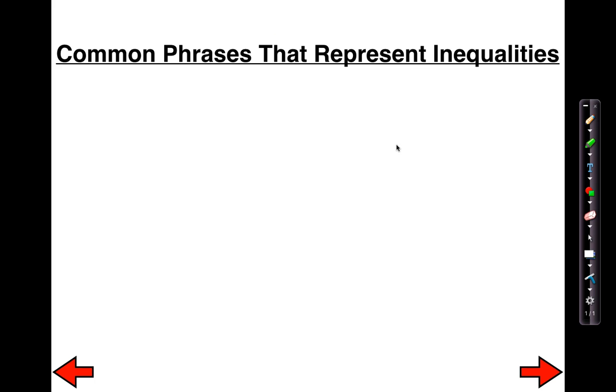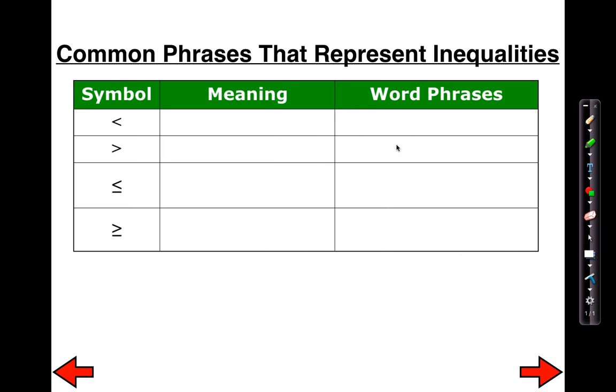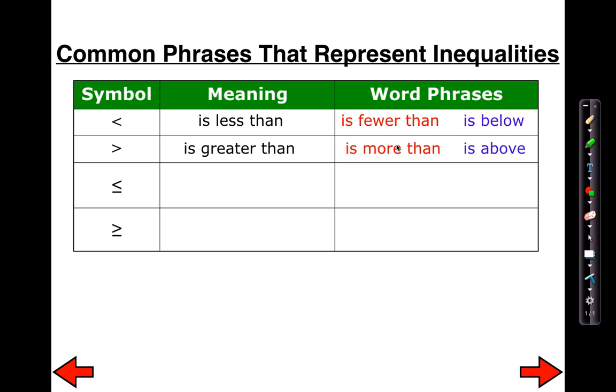So common phrases that represent inequalities. For the less than symbol, we typically will hear the words fewer than or below. For the greater than symbol, we're going to often hear is more than or is above. Less than or equal to, you're going to hear is at most or is no more than.